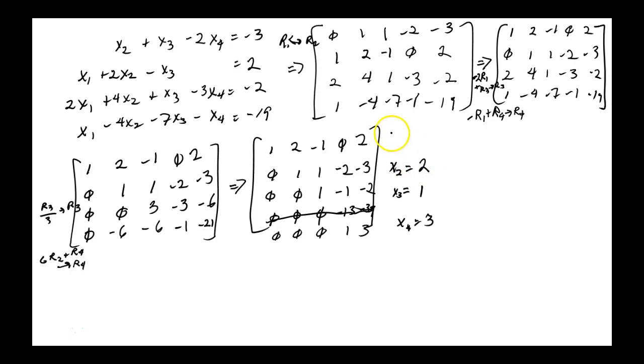And then x sub 1 is equal to 2 plus 1 is 3 minus 4 is minus 1, I think. Let's see if that's what we got. X of 1 equals minus 1, 2, 1, and 3. Yes. Okay. Barely finished, sorry.